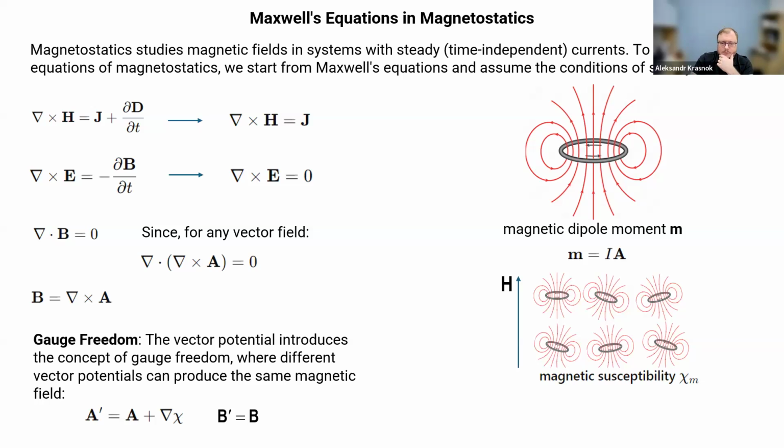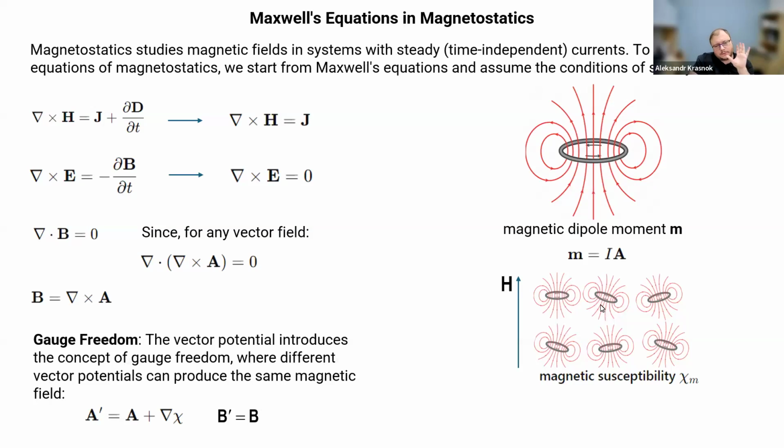So here I try to illustrate an array of current loops or magnetic dipoles placed in the magnetic field H. Okay, so by definition, or by agreement, the magnetic field in free space is the H field.